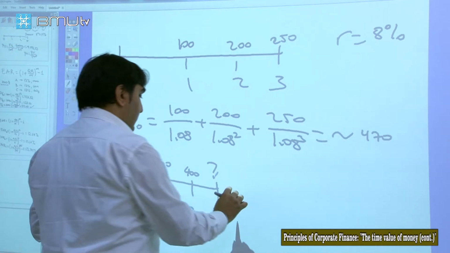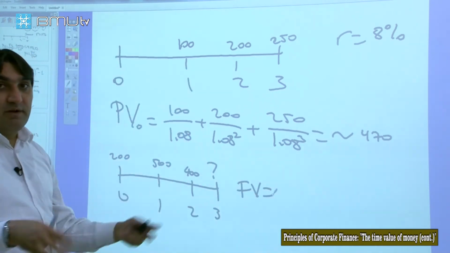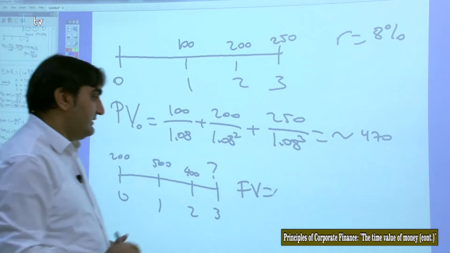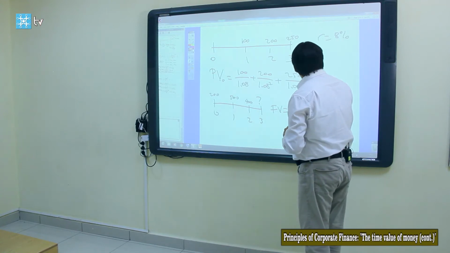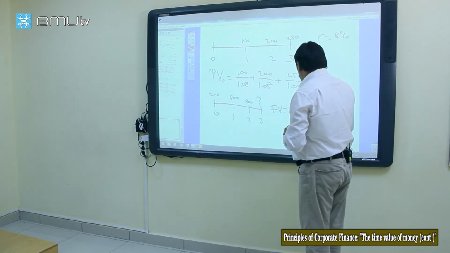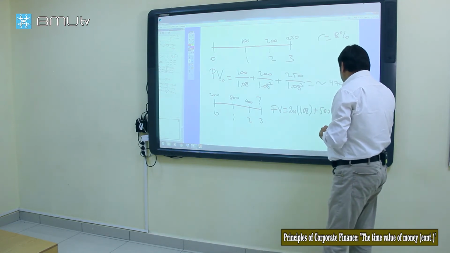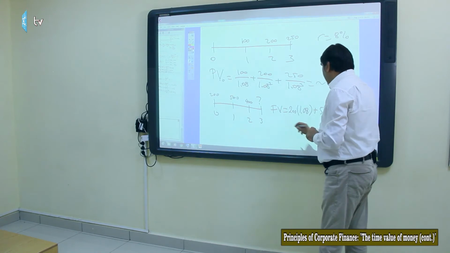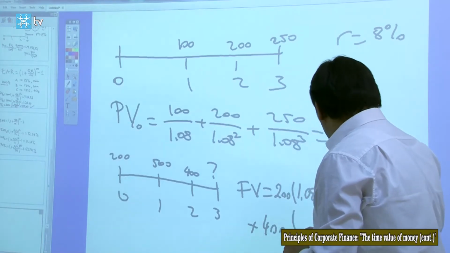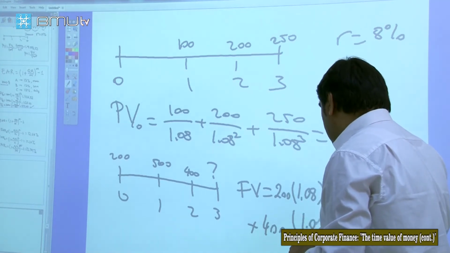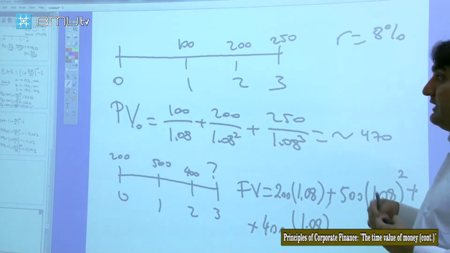That is, we find the future value of all these cash flows one by one and sum up all these numbers at the end. 200 times 1.08 cubed plus 500 times 1.08 squared plus 400, which earns interest for 1 period, so I put 1 here. So this is the future value of all these cash flows.